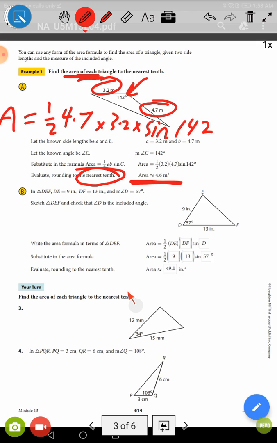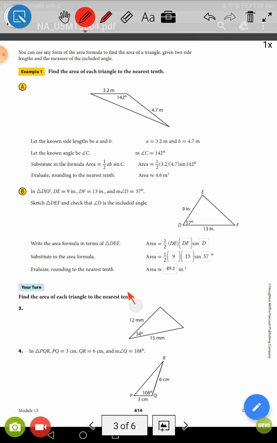And here, with the same steps, the area is half multiplied by 13, multiplied by 9, multiplied by the sine of the included angle 57. To the nearest tenth, use the calculator. It's easy. That is our area.